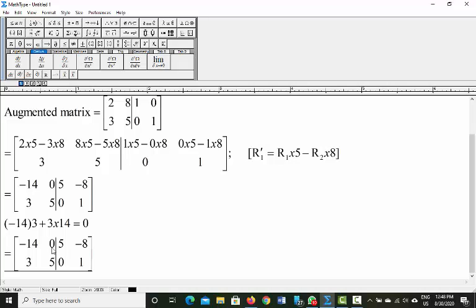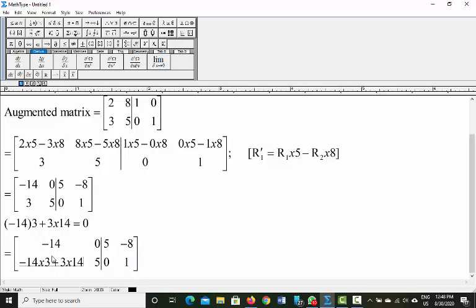What we are doing is minus 14 multiplied by 3, plus 3 multiplied by 14.